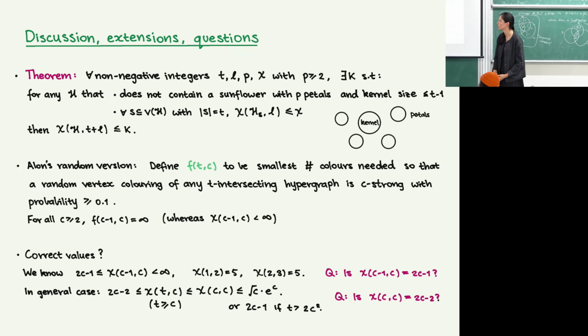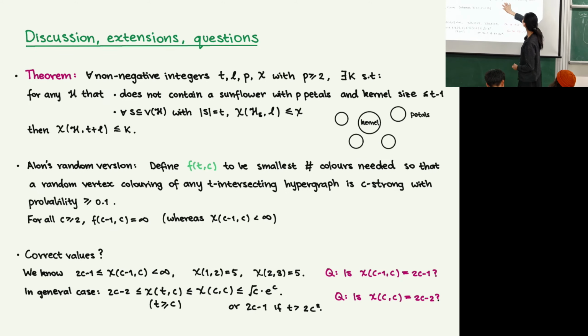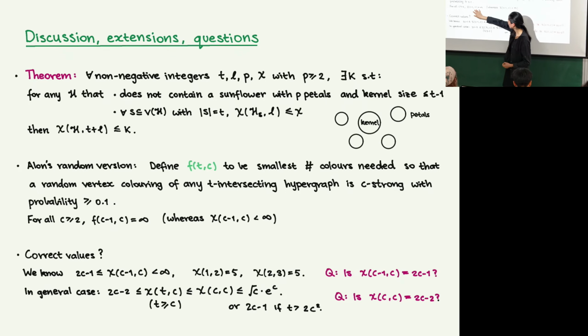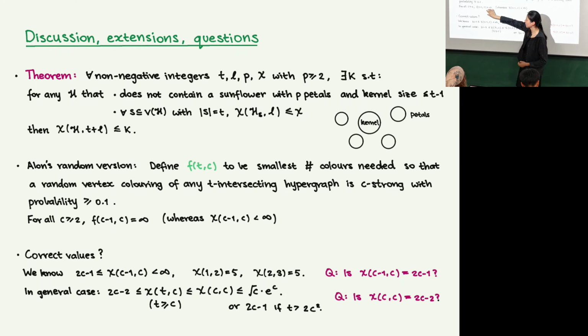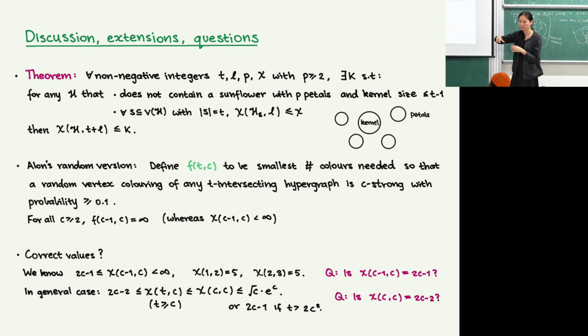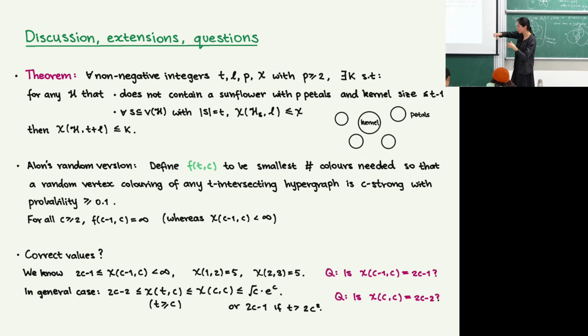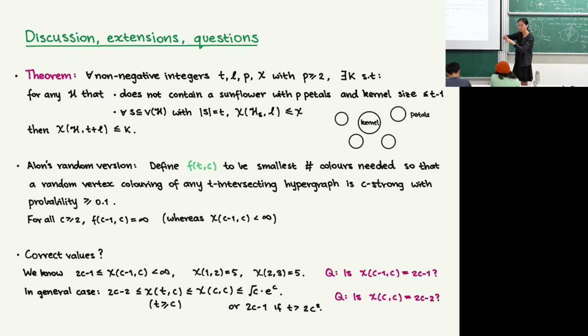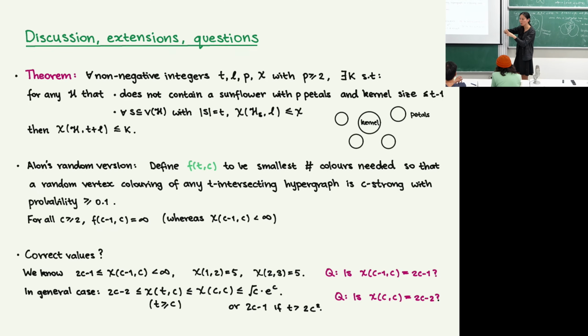Yeah, I think it's not clear that you might be able to replace that with something else. It's pretty natural to exclude sunflowers. Yeah, I think so too. It's also worth noting that in this case, the fact that FC1C equals infinity, the counterexample to this is really just taking the sunflower. So you can imagine just a star. If you have a fixed number of colors R, just look at a star, so that's the C equals 2 case, where one intersecting.